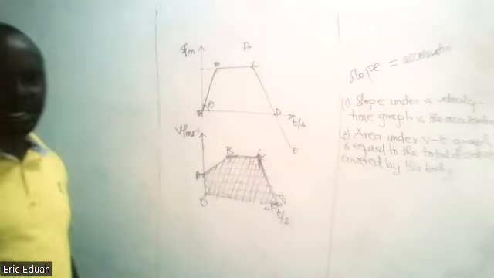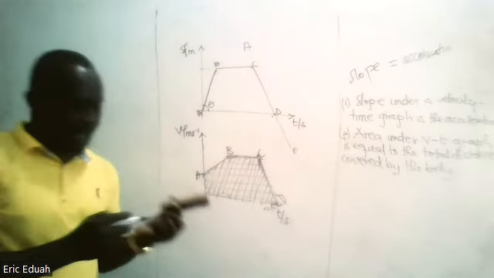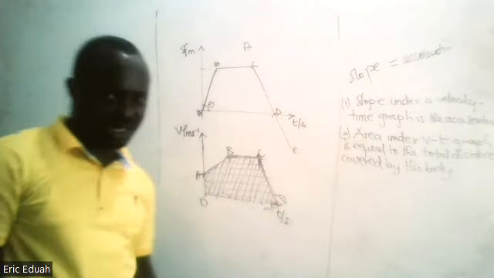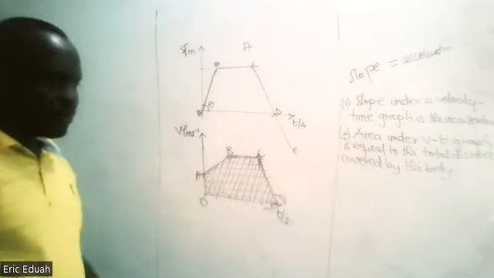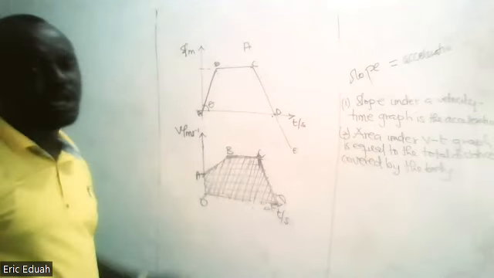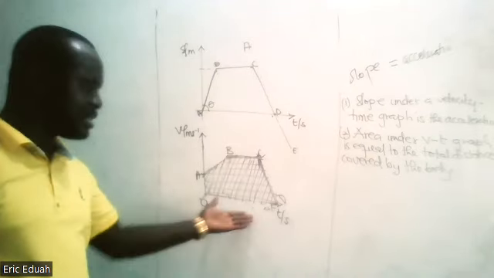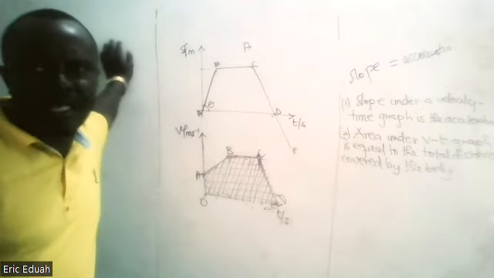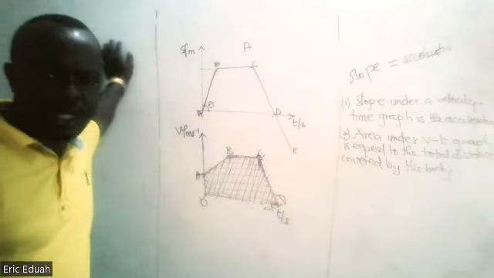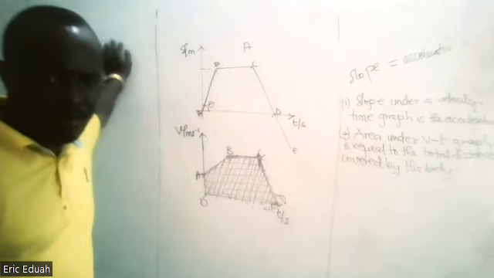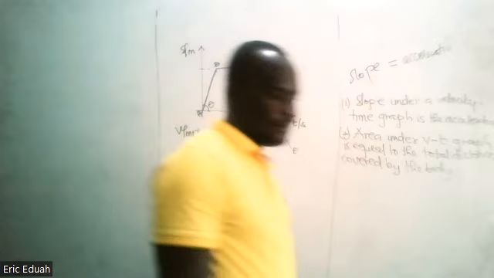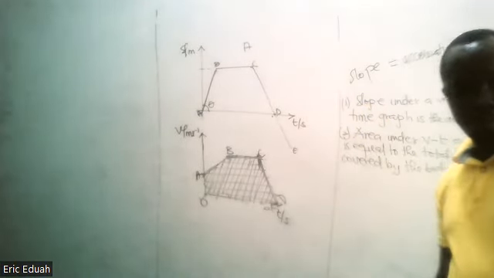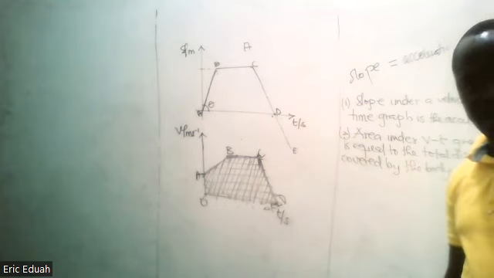When I find this area, I have found the total distance covered by the body. So these are two important things we can deduce from velocity time graphs. Any question? No question.